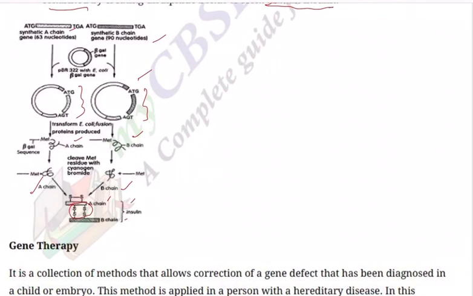In 1921, Banting and Best, along with MacLeod, succeeded in preparing a pure extract of insulin, thanks to these three gentlemen, from the pancreatic isolates of dog. They demonstrated that administration of insulin could cure diabetes in human beings.